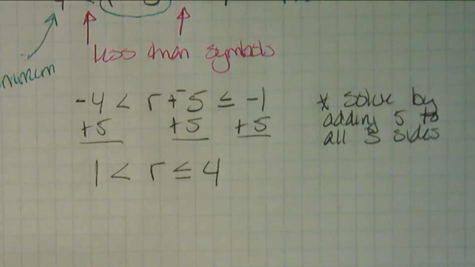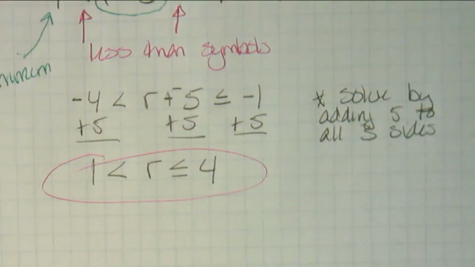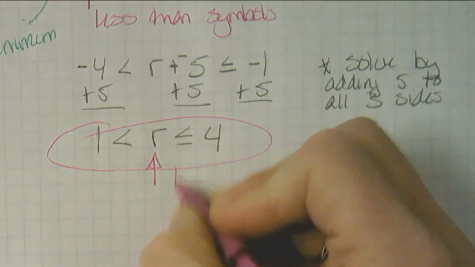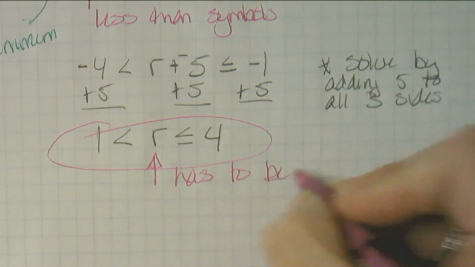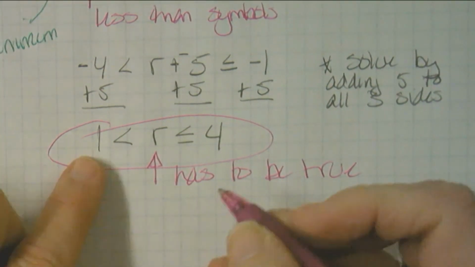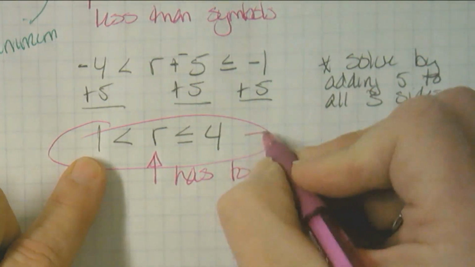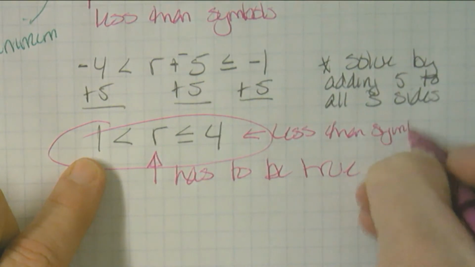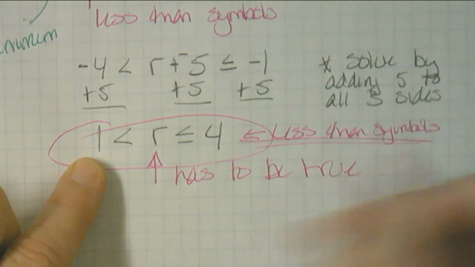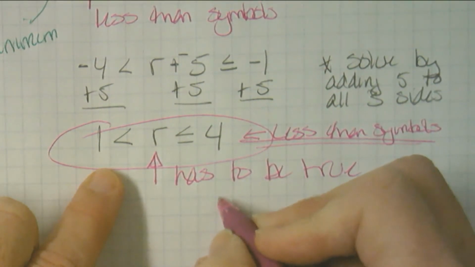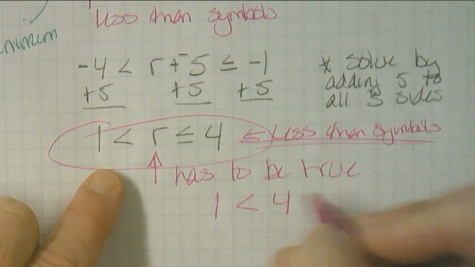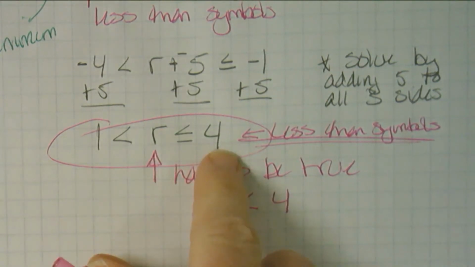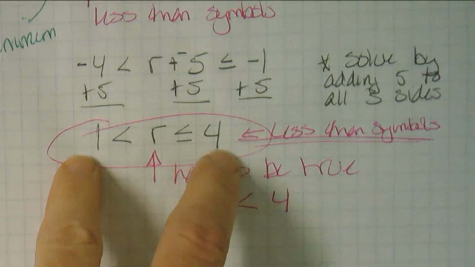All right, when we take a look at our solution, this has to be true. What I mean by that is, first of all, these are always going to be less than symbols. What I mean by has to be true is 1 has to be less than 4. Can you see this? 1 is less than r, which is less than 4. 1 has to be less than 4 here.